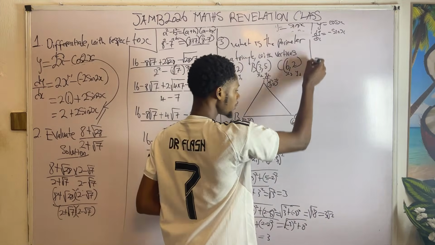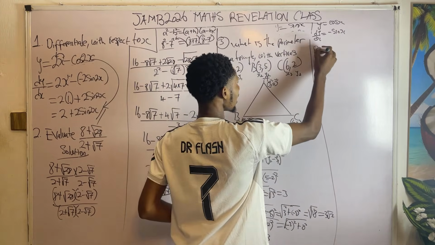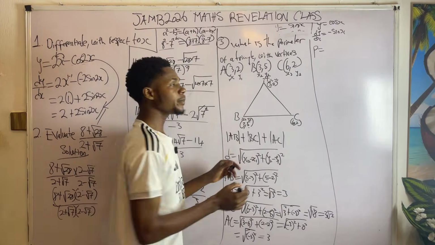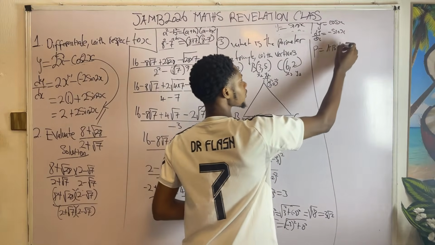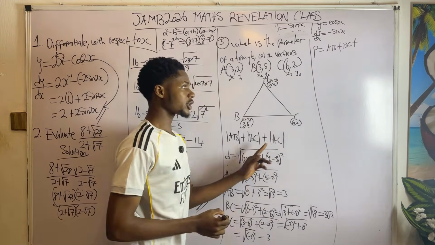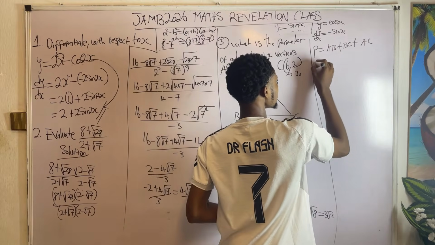So what will be the perimeter? The perimeter, according to this formula, is AB plus BC plus AC. That is the perimeter.